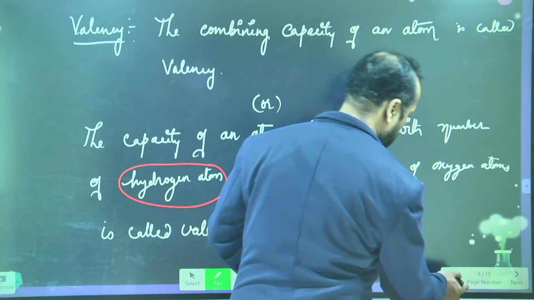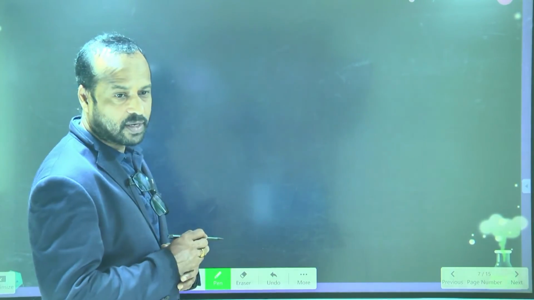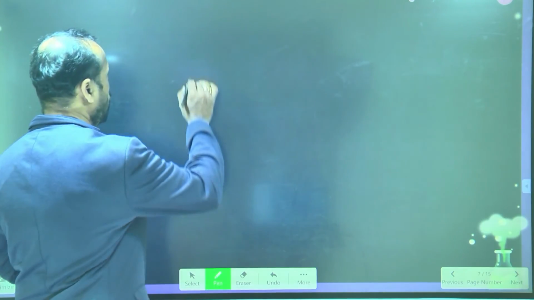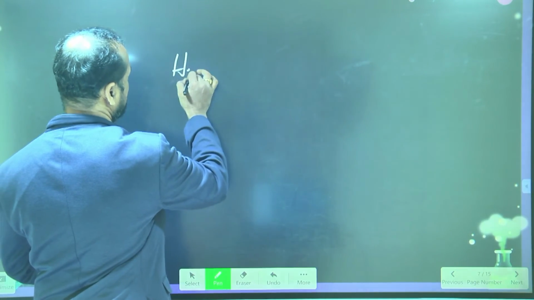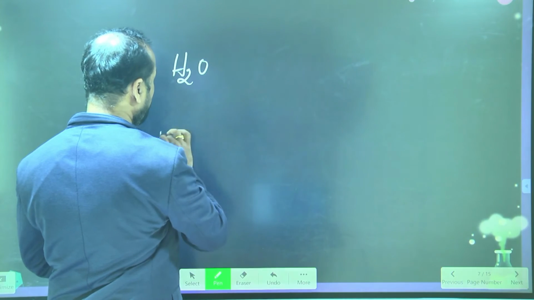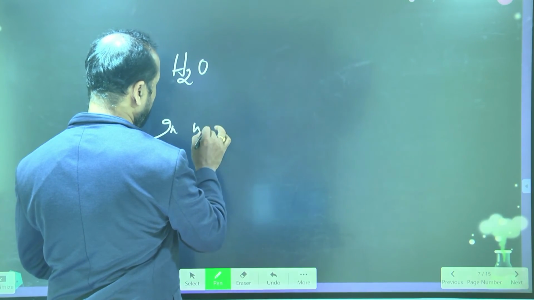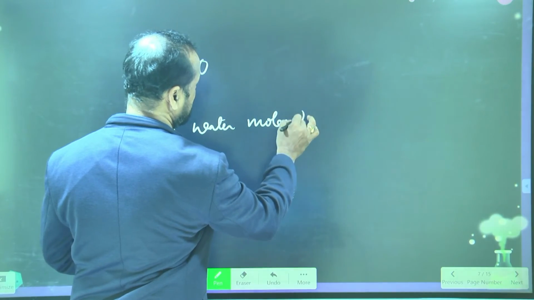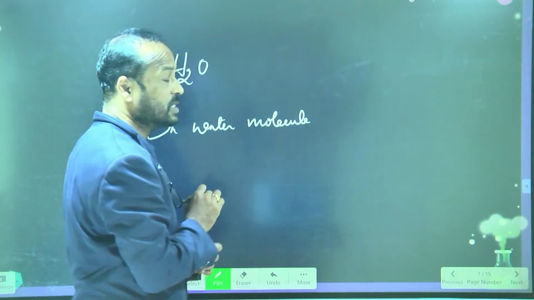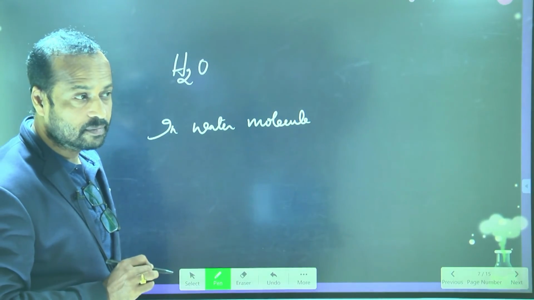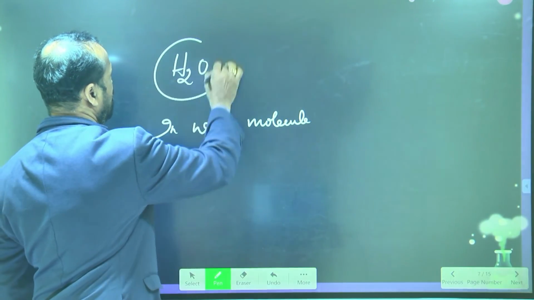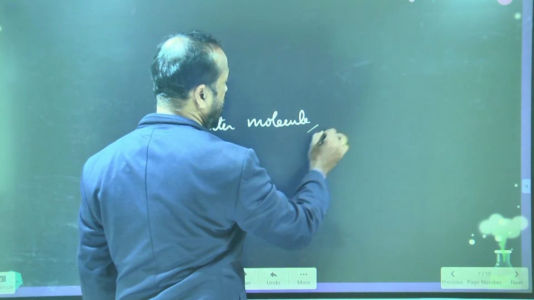Okay. So here, for example, what is the formula of water? H2O. So H2O is the formula of water. In a water molecule, each oxygen is combining with how many hydrogens?